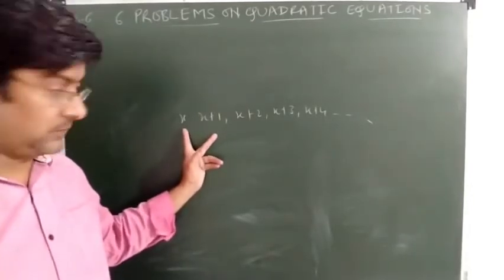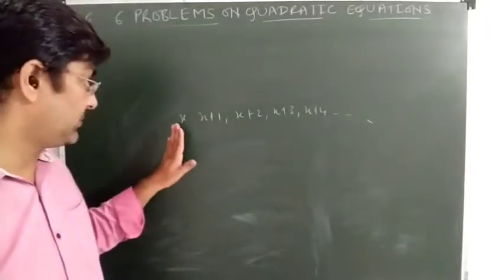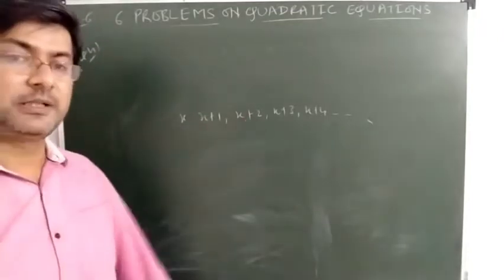We are told to take only two numbers. Suppose you are told to take three consecutive numbers, you will consider the numbers to be x, x plus 1 and x plus 2.